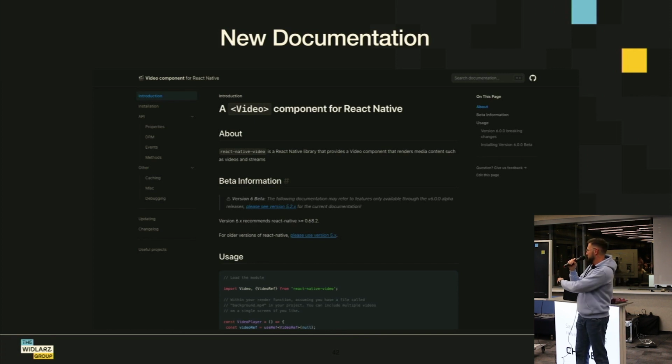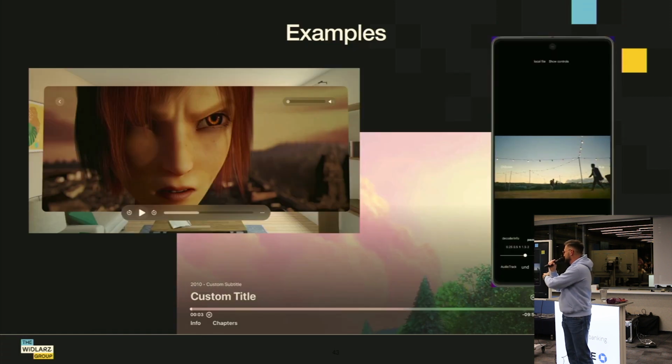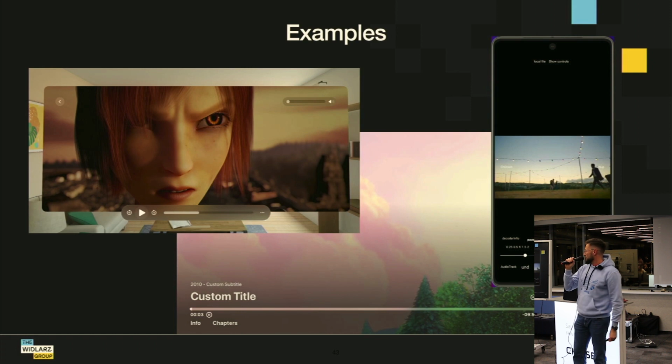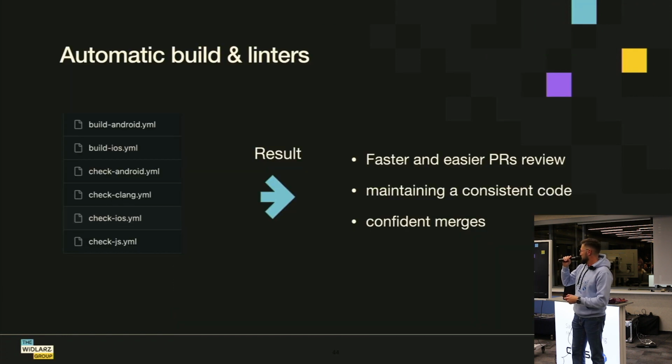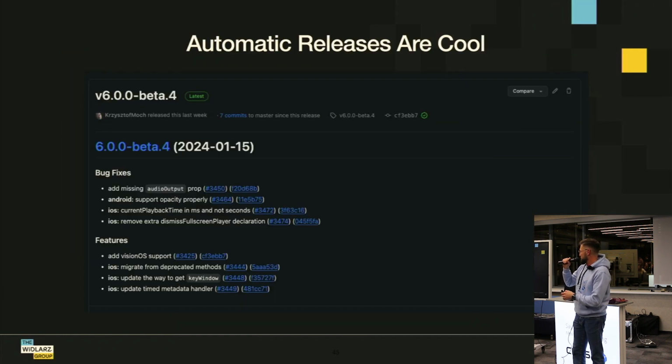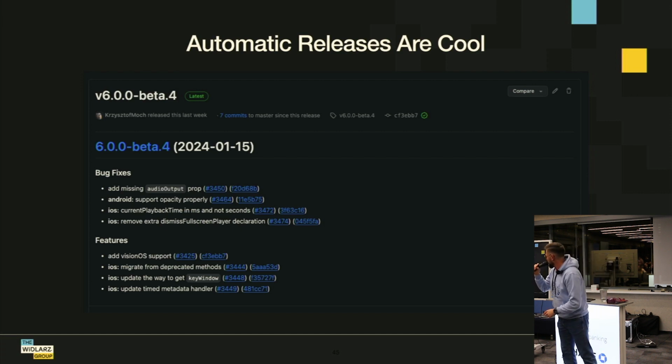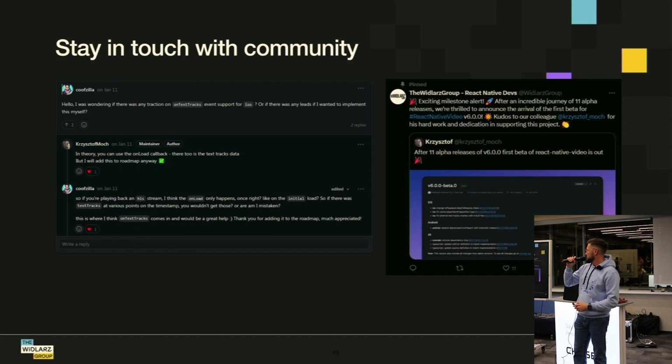Moving the types and the documentation was really great, and it should be done. We provided some examples. That was more work, but the community loved them. We automated builds, and again, we keep in touch with the community.